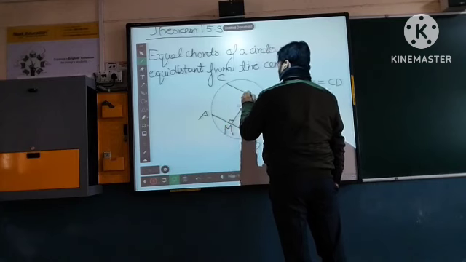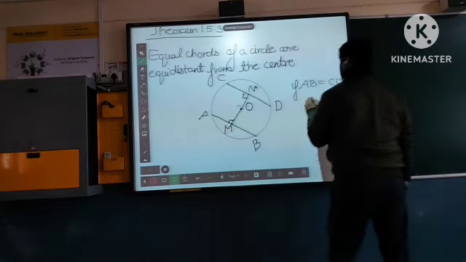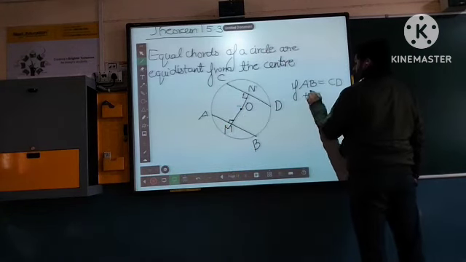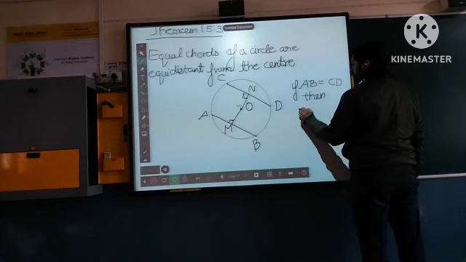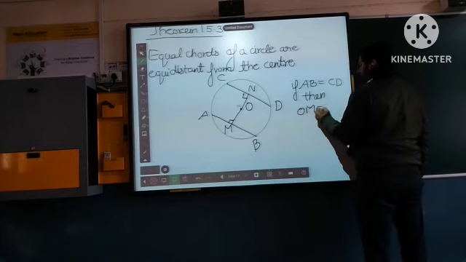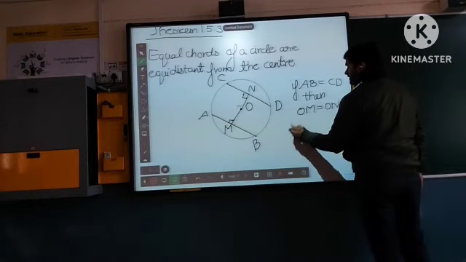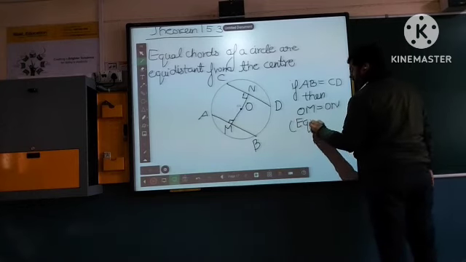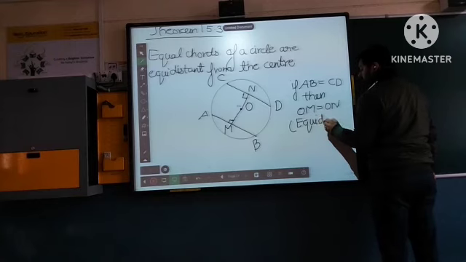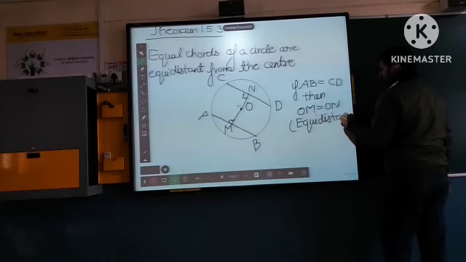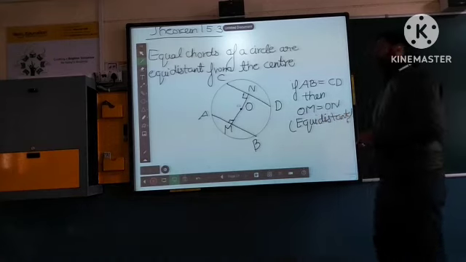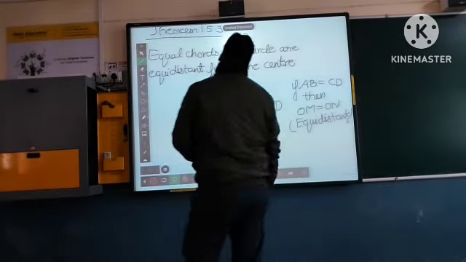When they are drawn perpendicular, the foot of the perpendicular is M for AB and N for CD. So if AB equals CD, then OM is equal to ON, that is, equidistant from the center. That is what the theorem says.